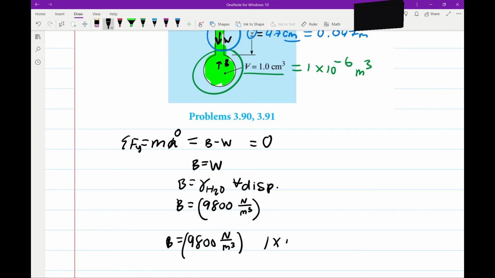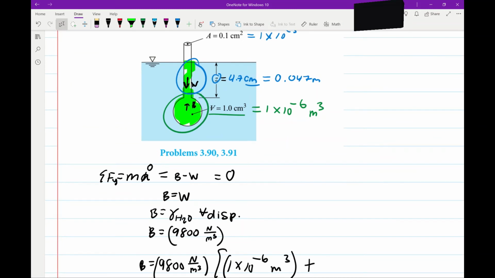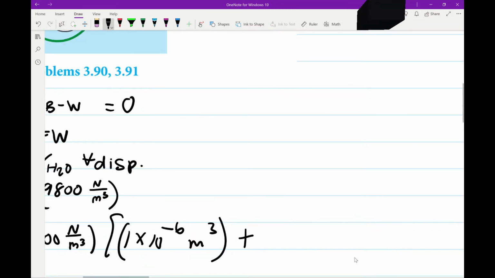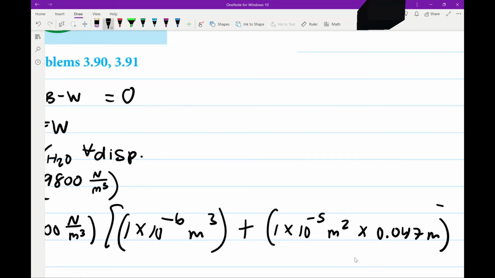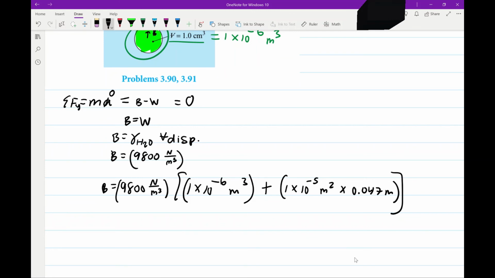So that's 1 times 10 to the negative 6 meters cubed, this is the bulb that I just wrote, plus A times Z. And again, that's the volume of the neck of the hydrometer: 1 times 10 to the negative 5 meters squared times 0.047 meters. And again, meters squared times meters will give us cubic meters, which is what we want. So this is our final formula, and we just need to solve for it.